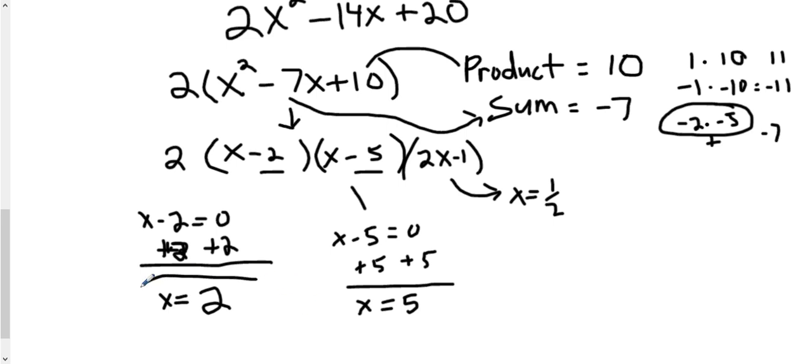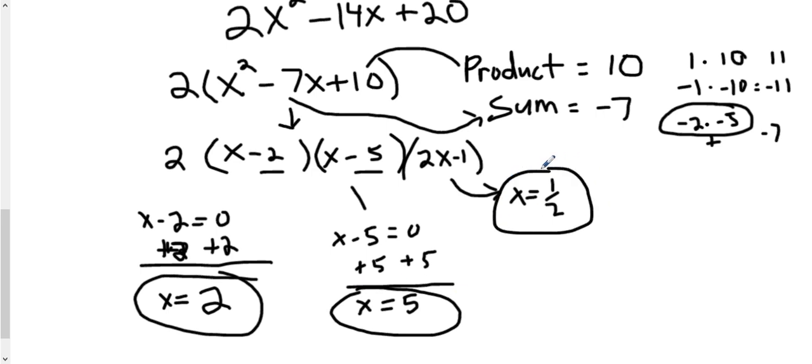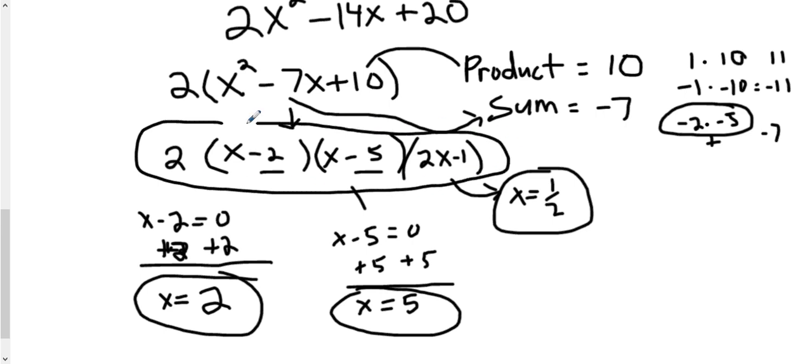So here's a solution, here's a solution. We get 3 solutions. When you have something to the third power, you have the possibility of getting 3 roots, 3 solutions. And right here was the factored form, all the factors: 2 times x minus 2 times x minus 5 times 2x minus 1.